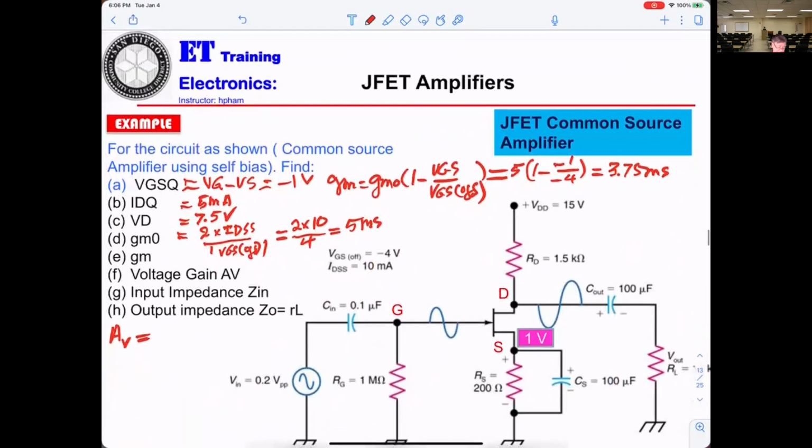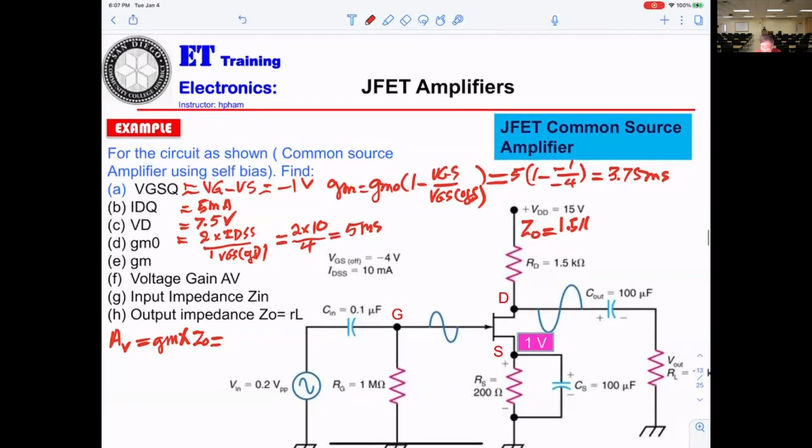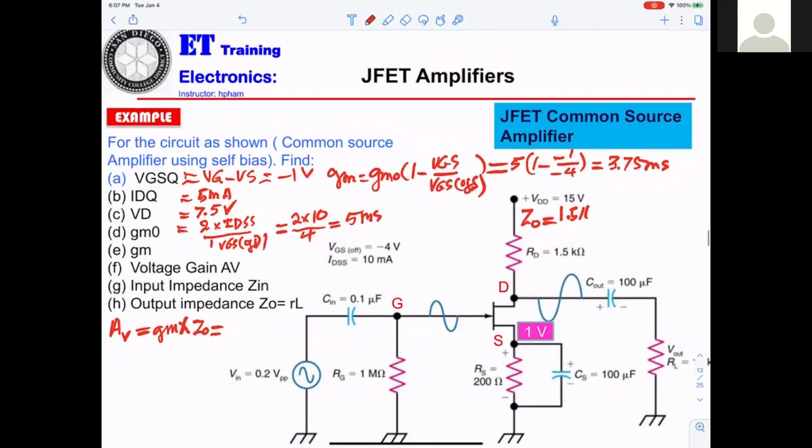They will be GM times G out, not RD. G out, yeah, we're talking about the big RD. 1.5K in parallel with what, the load.